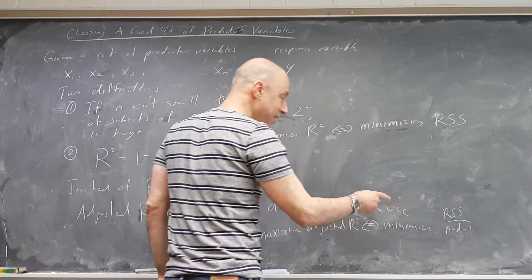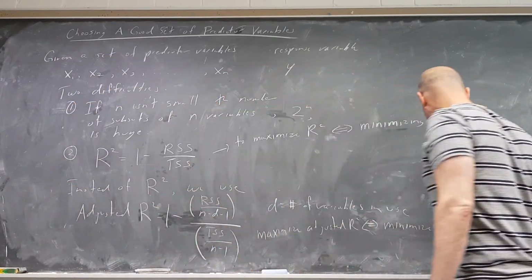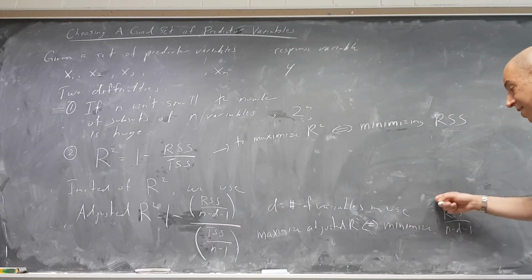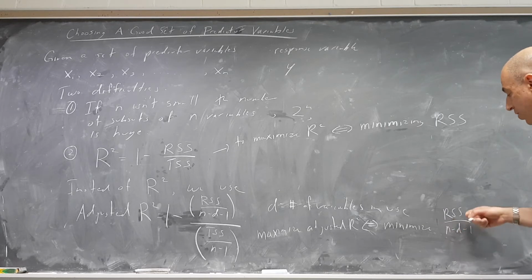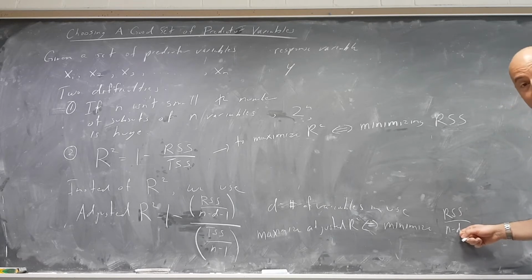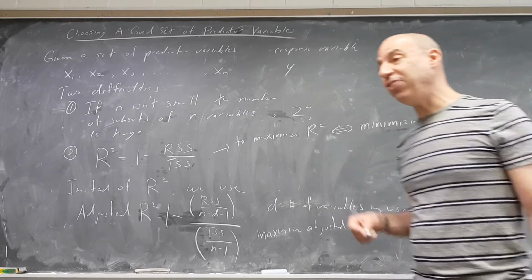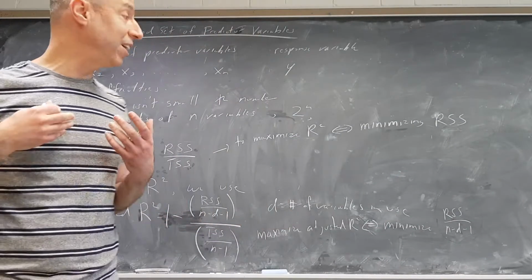But the thing is, what we have now is a denominator. And we're trying to make this as small as possible. So it's possible that if I add a noise variable, RSS might get marginally bigger, but d also gets 1 bigger. If I add one more noise variable, d is going to get bigger by 1, which is going to make the denominator smaller. If the denominator of a fraction gets smaller, the whole fraction gets bigger.